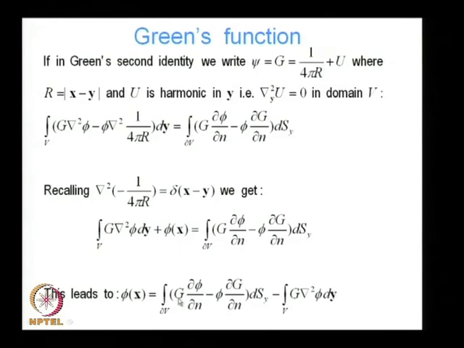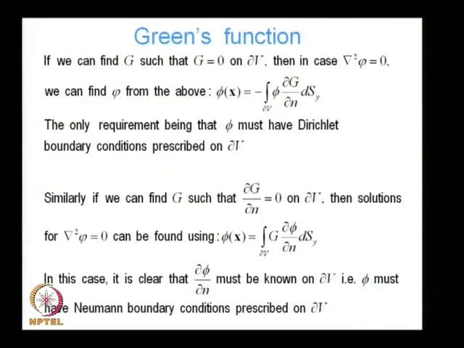If g is going to be 0 everywhere on the boundary, then I can find out phi at any point in my domain only if I know the value of phi on the boundary. I do not need to know both phi and its derivative at the boundary, which makes the problem well posed.